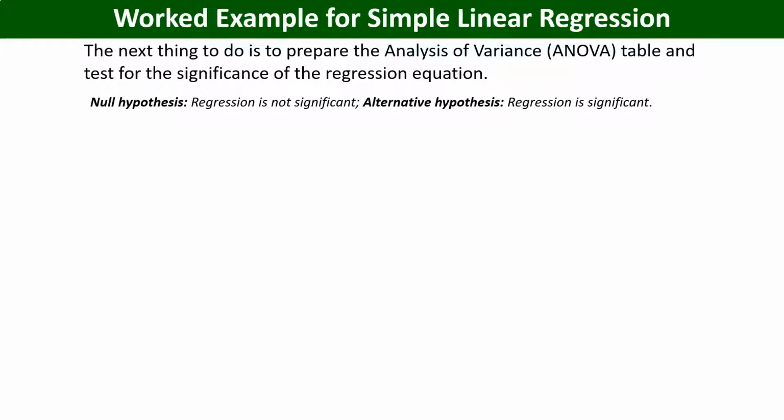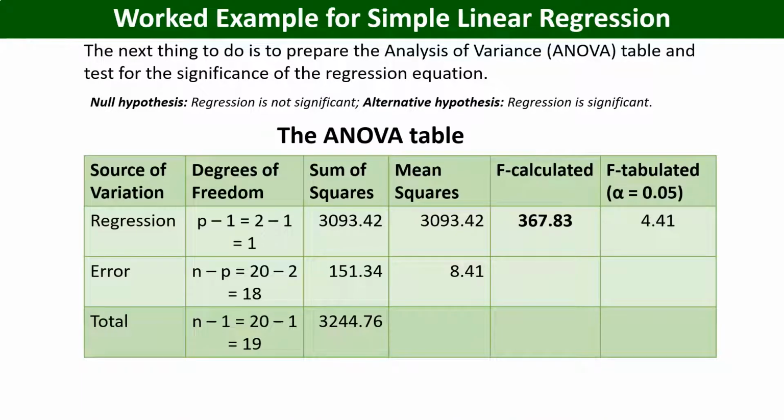And the alternative hypothesis is that regression is significant. So let's see the ANOVA table now and look at what it is. So we have our source of variation, degrees of freedom, sum of squares, mean squares, F calculated, and F tabulated at 0.05 level of significance.